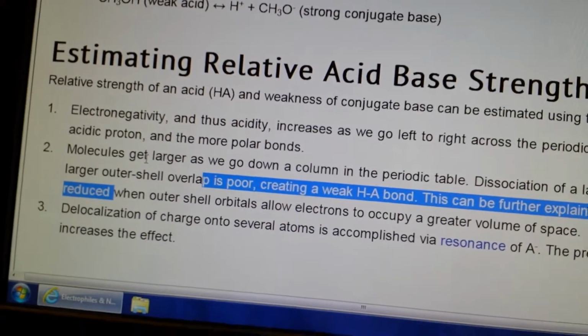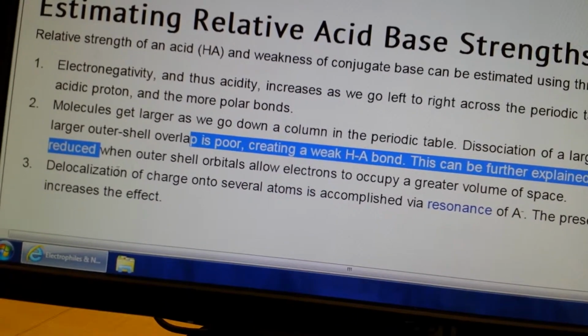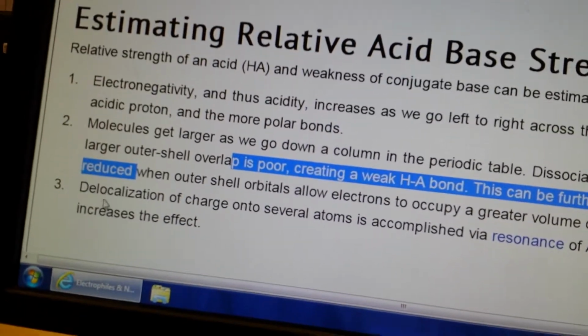So acids will be less acidic when the shells are bigger.